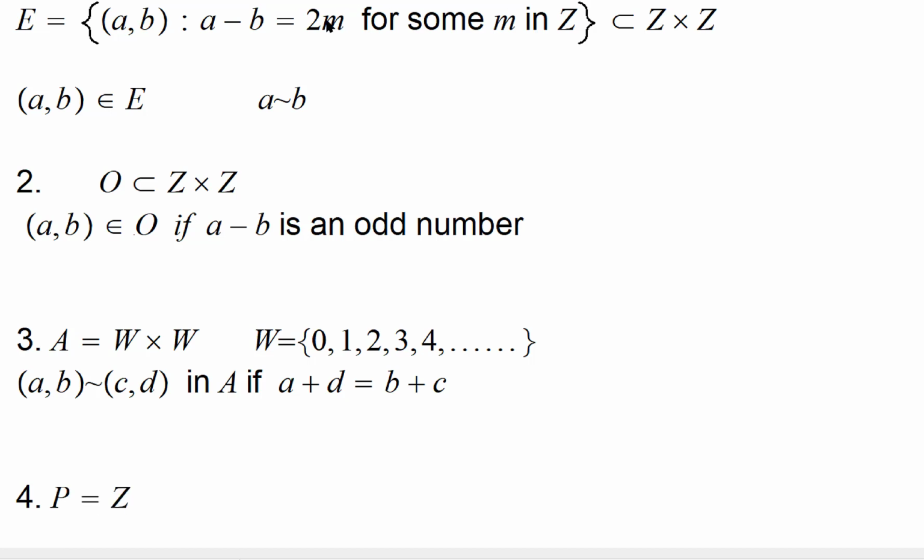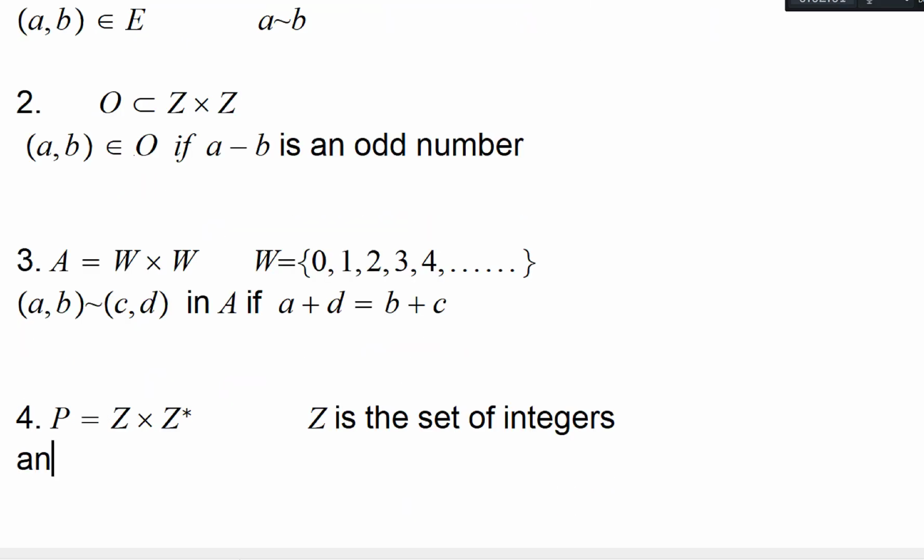What I'm doing here is taking just one set, Z cross Z star, where Z is the set of integers, and Z star is again, we can write it as this.